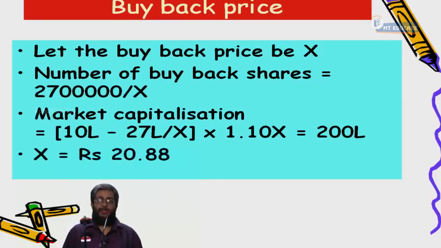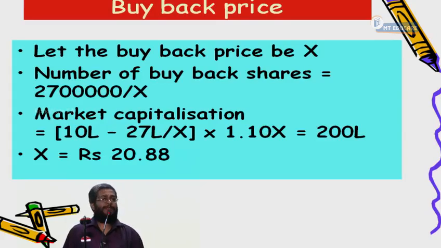You believe me? You can do it at home. If you solve for X, X is equal to rupees 20.88. What is 20.88? The price at which the company has offered to buy back. Can you proceed or not?